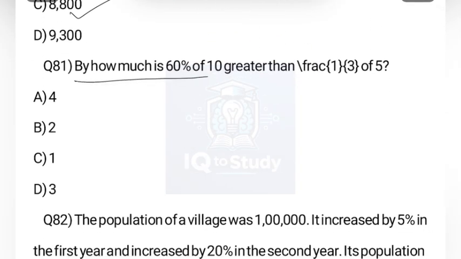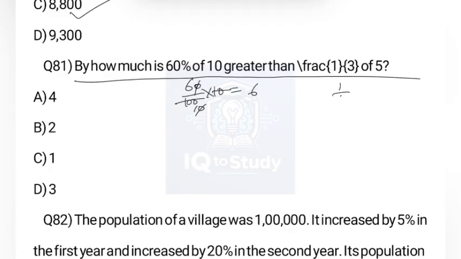By how much is 60% of 10 greater than 1 by 3 of 5? Here 60% of 10 is equal to 6 and 1 by 3 of 5 is 5 by 3.